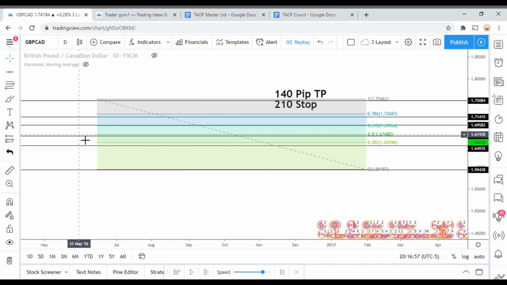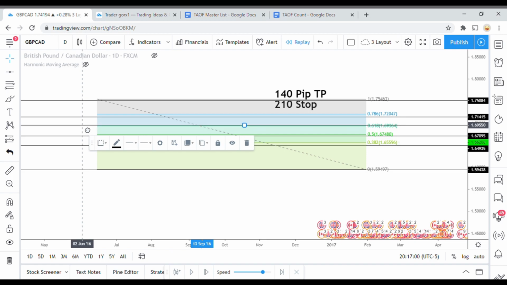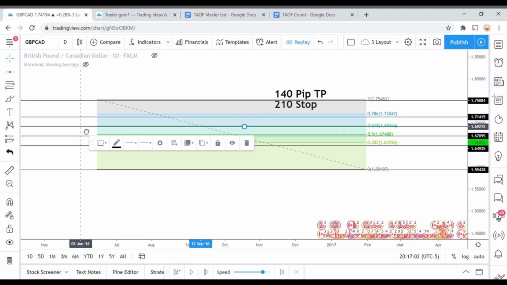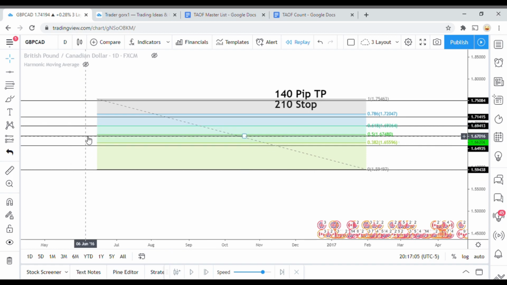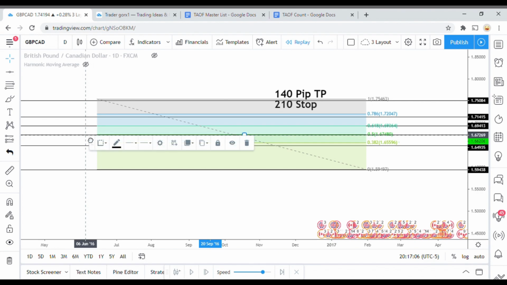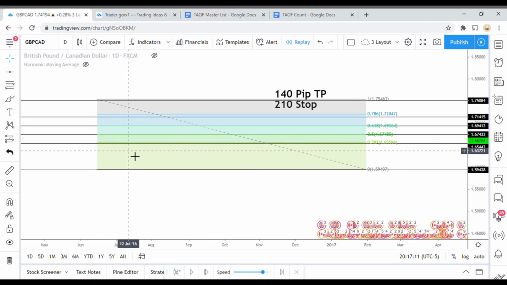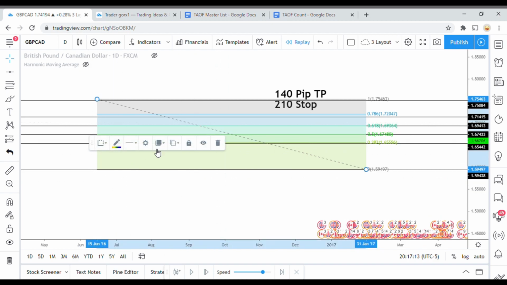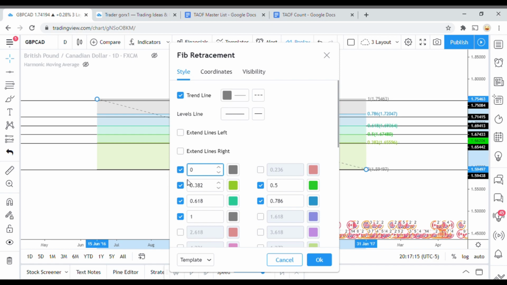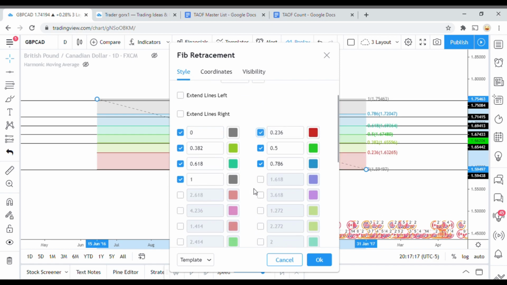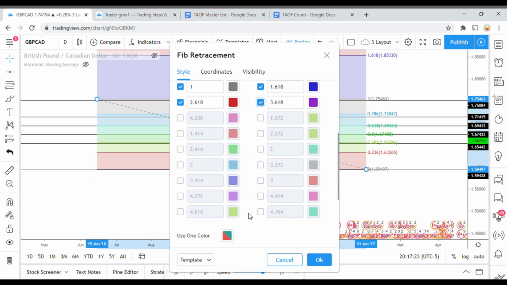And so at that point, what you would do is, and you can see that some of these lines get really close to the Fibonacci levels like this. And then you would actually want to go in and turn on as many of these levels as possible.